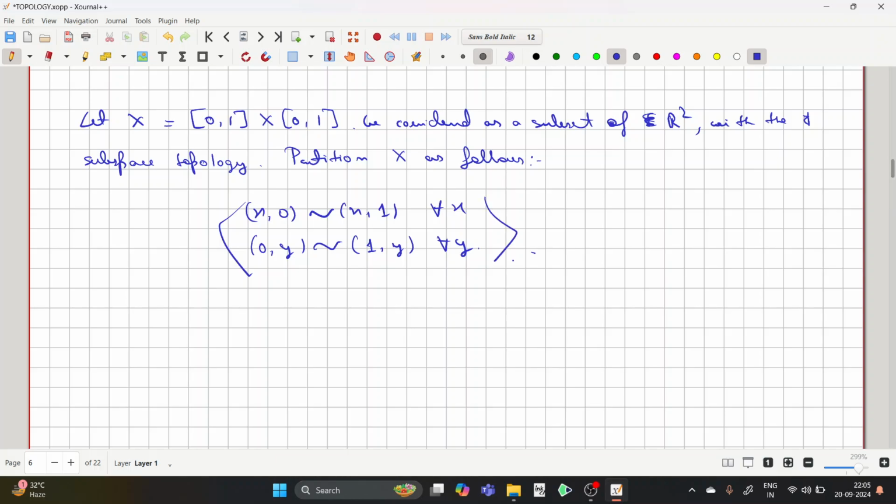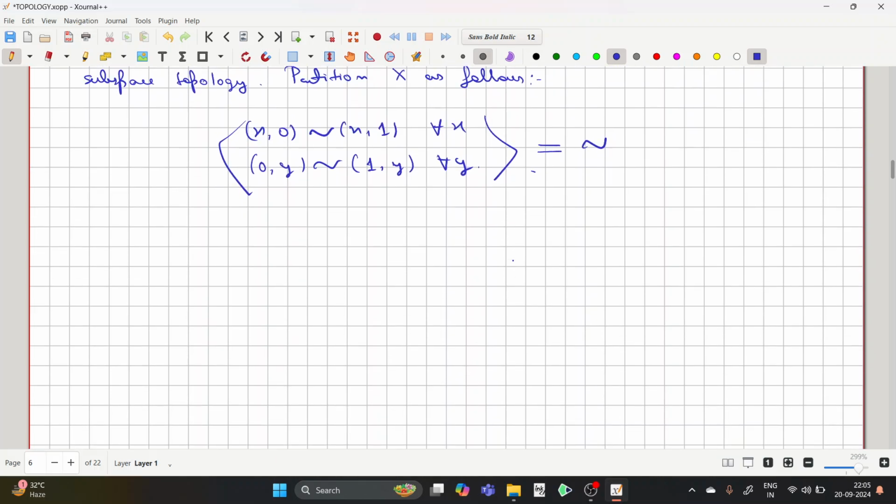So suppose I simply write this relation on X, where X equals the closed interval [0,1] cross the closed interval [0,1], this gives me the torus. But explicitly writing the partitions will help out more.